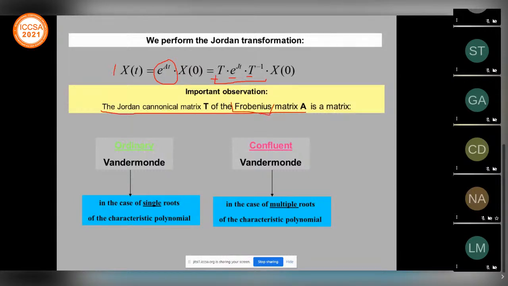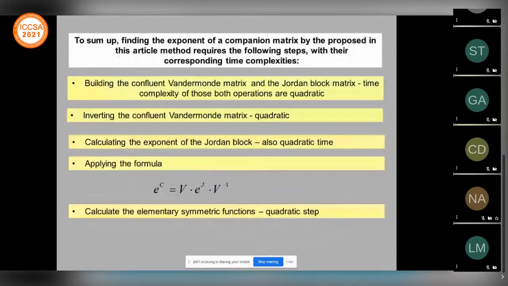It is an ordinary van der Monde matrix in the case of single roots of the characteristic polynomial, and a confluent van der Monde matrix in the case of multiple roots of the characteristic polynomial. To sum up, finding the exponent of a companion matrix requires the following steps: building the confluent van der Monde matrix and the Jordan block matrix, which we can perform in quadratic time.